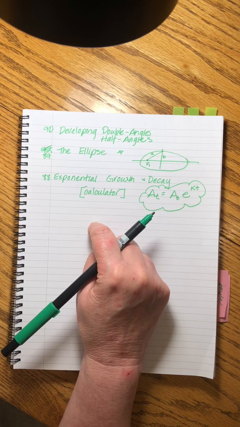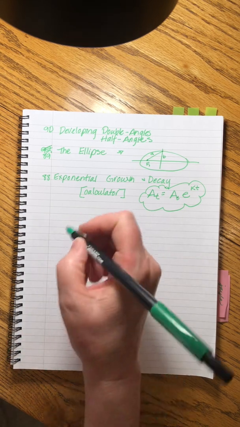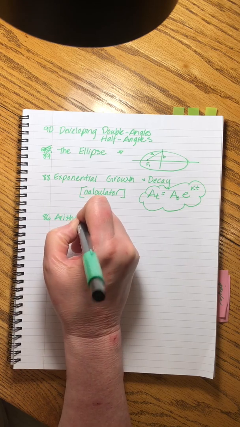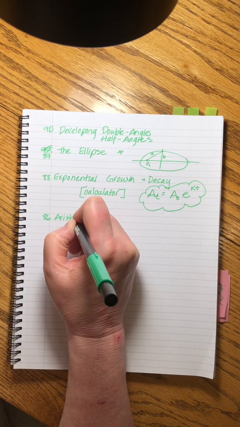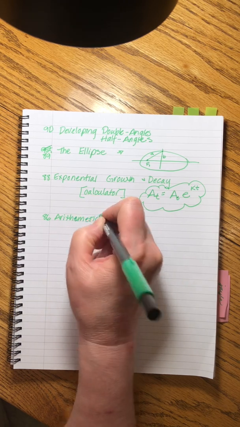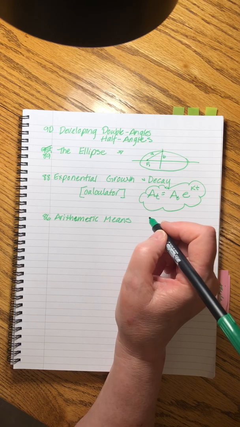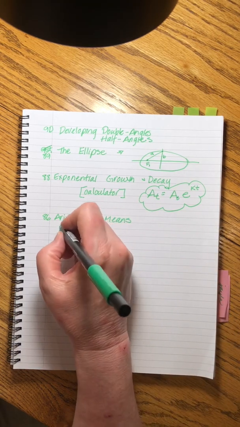There's nothing new there. 86 is arithmetic means. They work a lot like the geometric means, except we add.